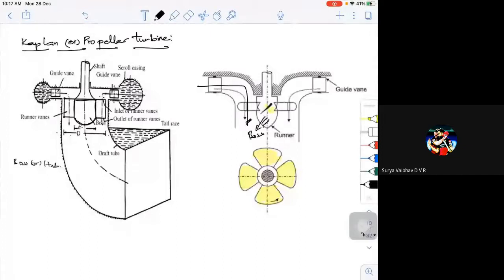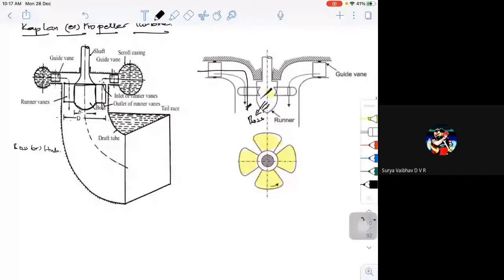If you closely look at this area I am trying to show here, it looks like two concentric cylinders. The flow is between two concentric cylinders, so that means this is the flow which is happening. Capital D and small d: small d is the hub diameter, capital D is the boss diameter.